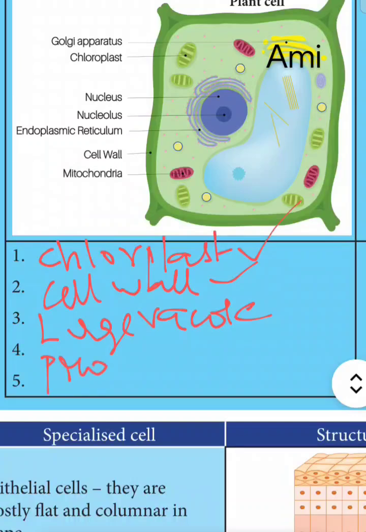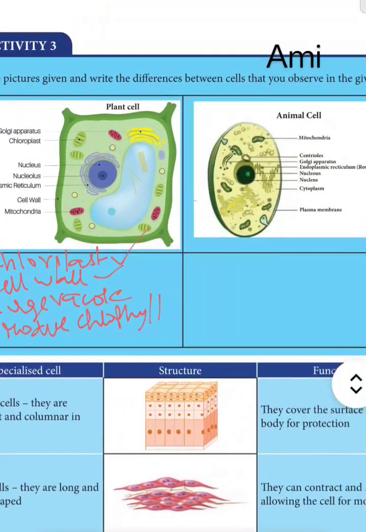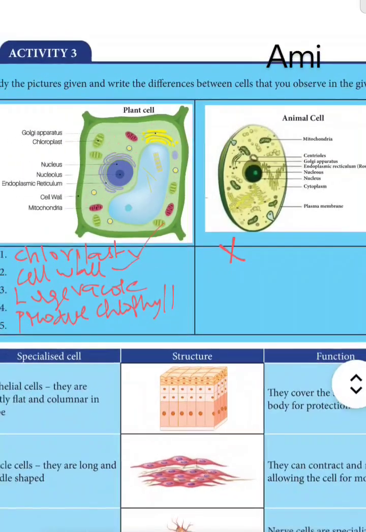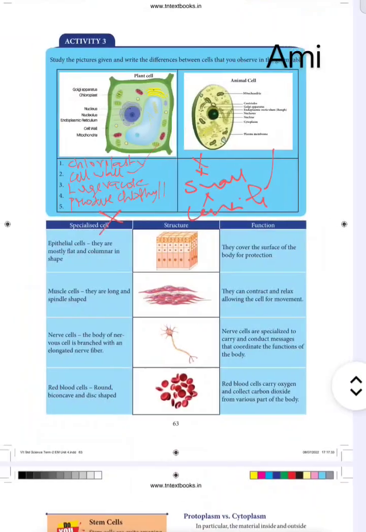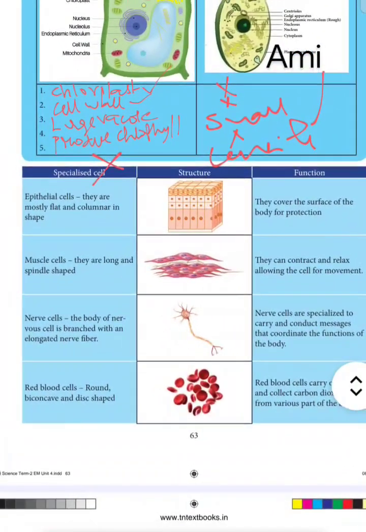They produce chlorophyll. Whereas this side they lack chlorophyll. They lack chloroplast. They lack cell wall. They have small vacuole, and they have centriole. Here the centriole is absent. So these are the 5 points which you can write as differences between the plant cell and animal cell.